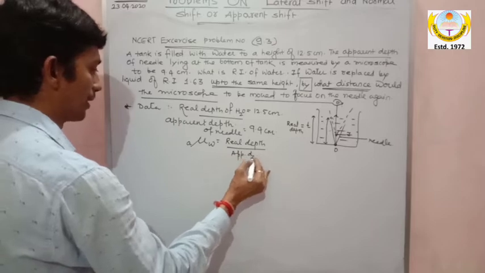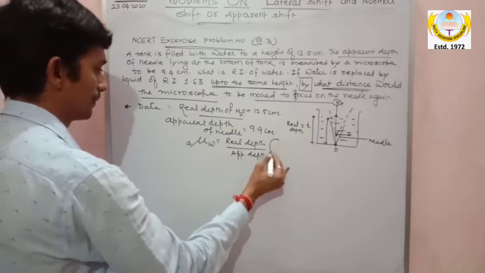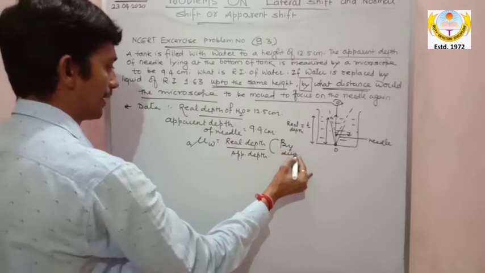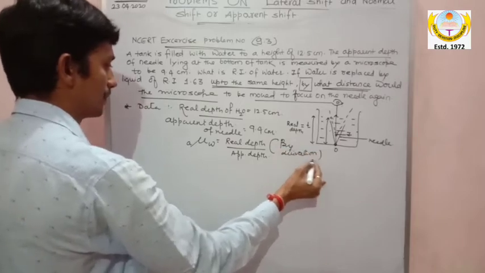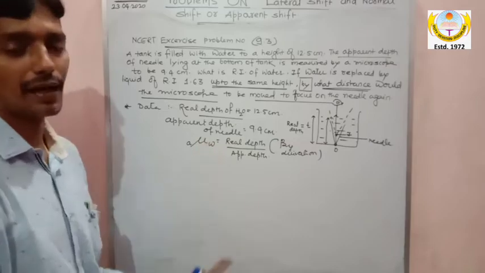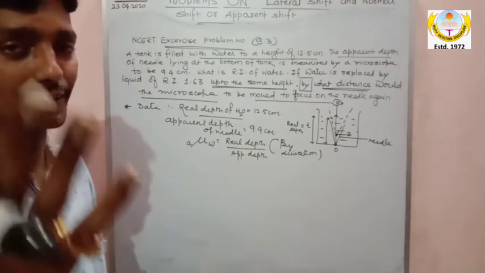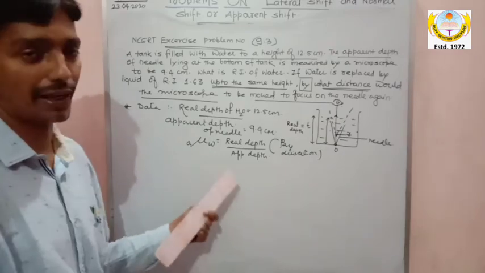Everybody knows the formula. By derivation we have done it. Refractive index, relation with real depth and apparent depth. Please, don't waste your time.